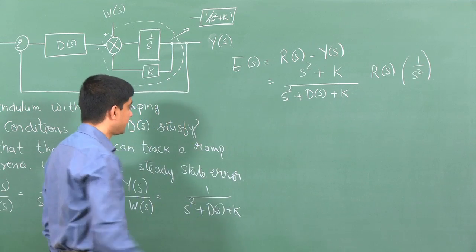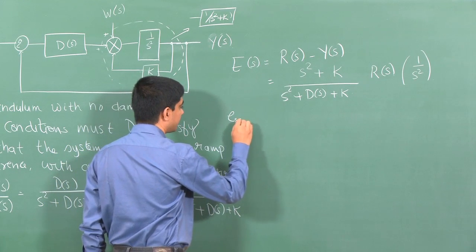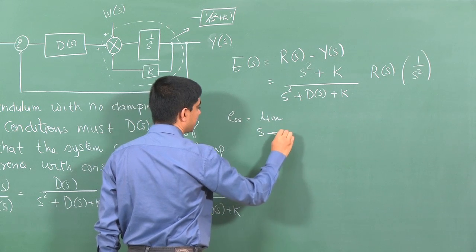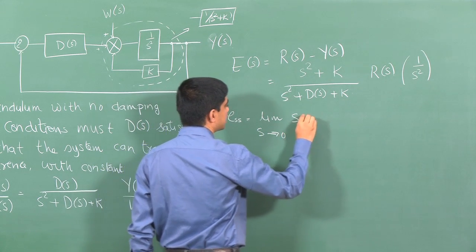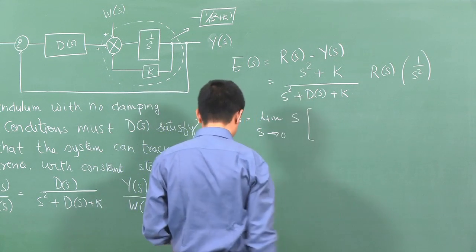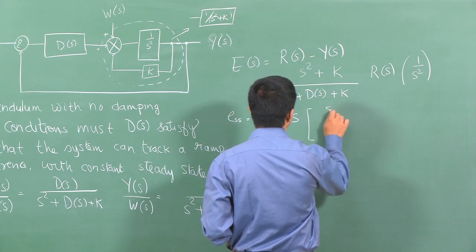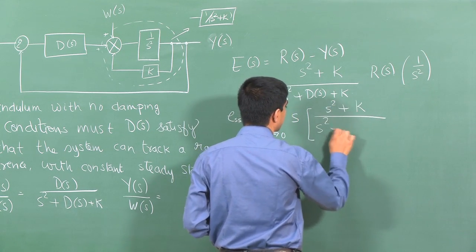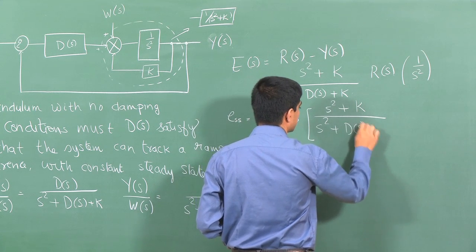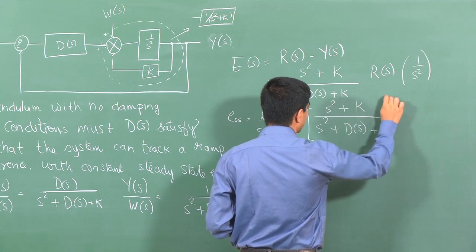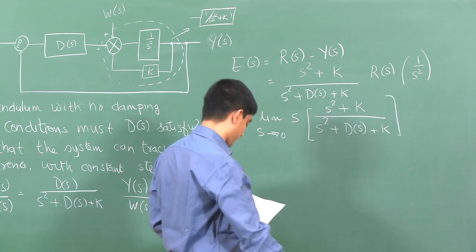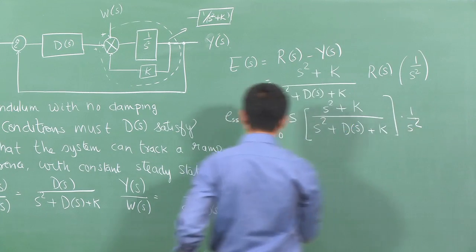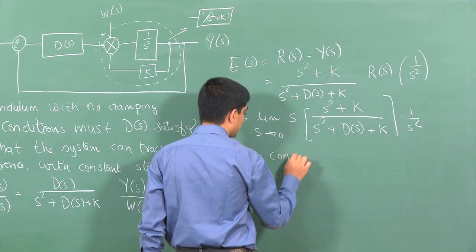Okay, so what do we need? The steady state error, which is limit s going to 0 of s times E of s, is this entire term, that is s square plus k over s square plus D of s plus k, times 1 over s square. This should be a constant.